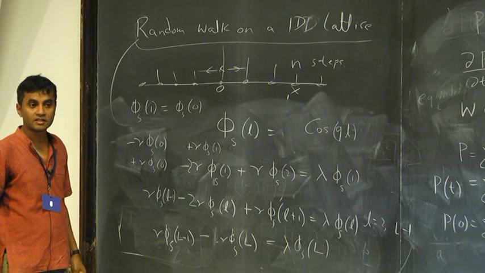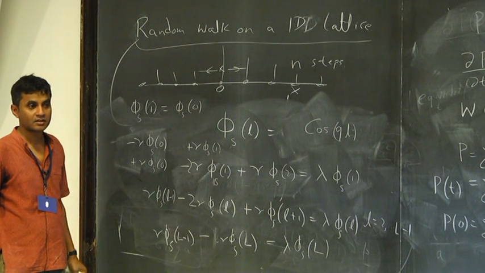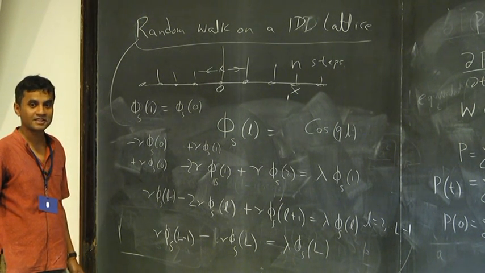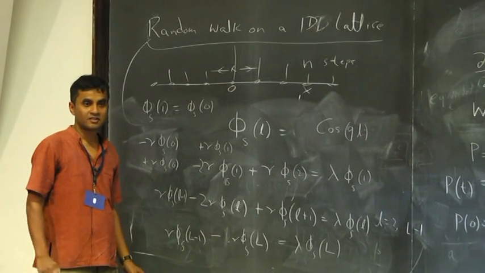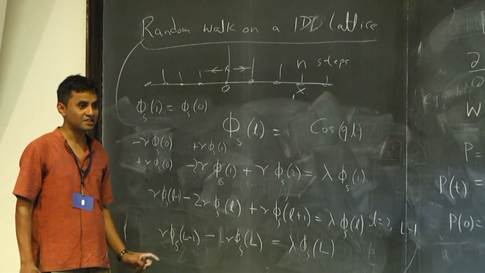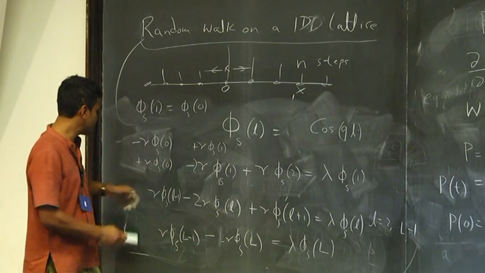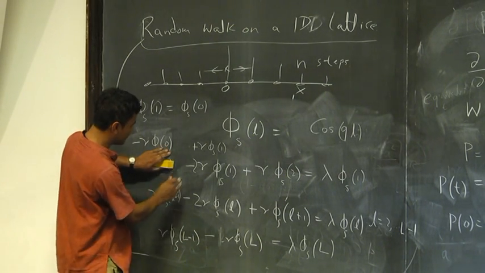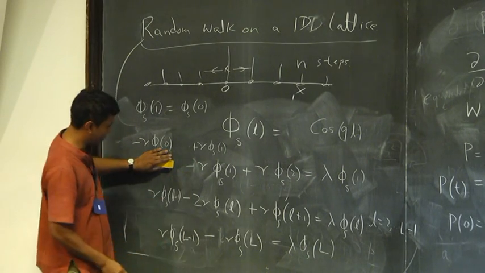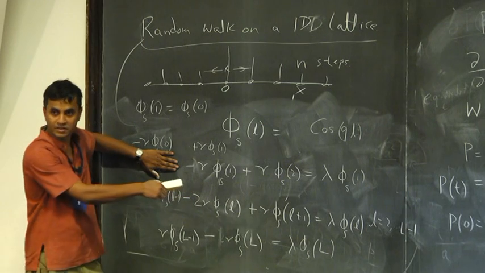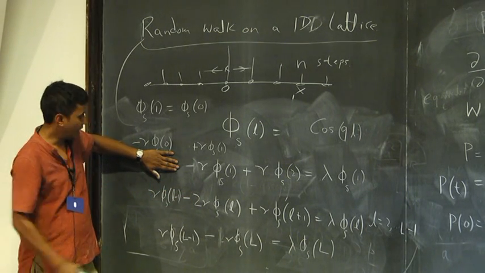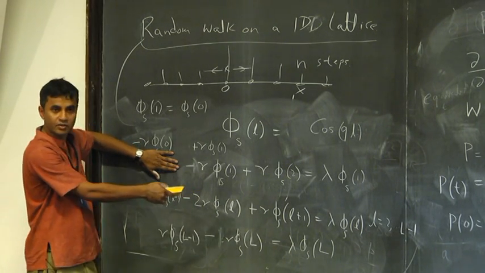Does that make sense? It's not clear, is it? What I did here: I had this equation, and it looks different from this equation. I want to write it in the same form as this equation.